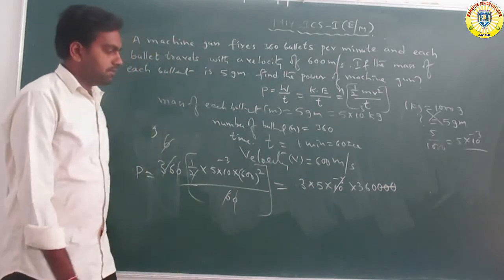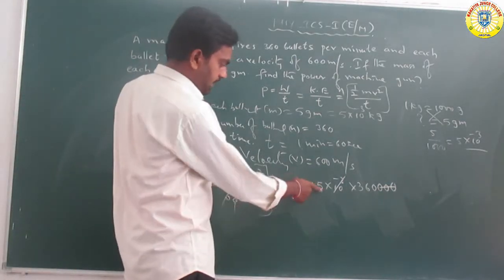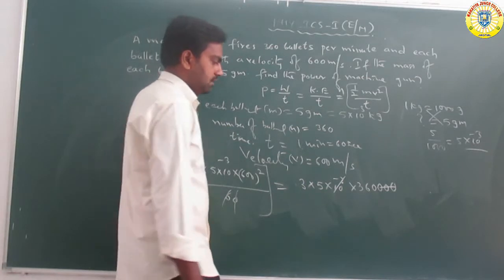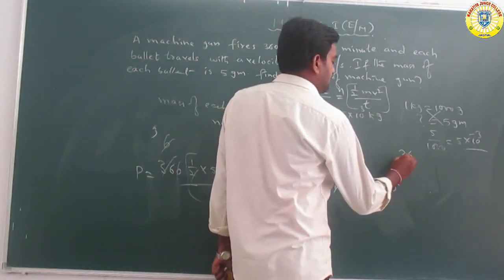So remaining 360 into 5 into 3. 5 into 3 is 15, so 36 into 15.